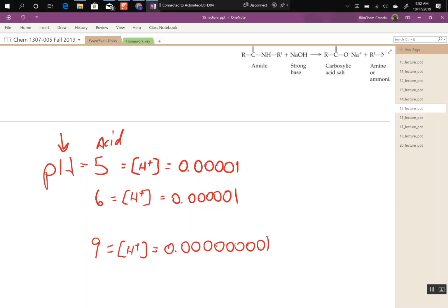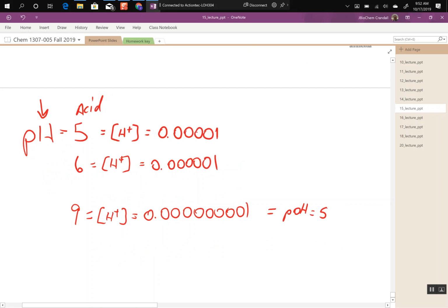So if I have a pH of 9 that's basic, that means my pOH, or my OH ion concentration, is increasing. Is it going to be ginormous numbers of OH? No. So if I have a pH of 9, then the pOH is equal to 5.